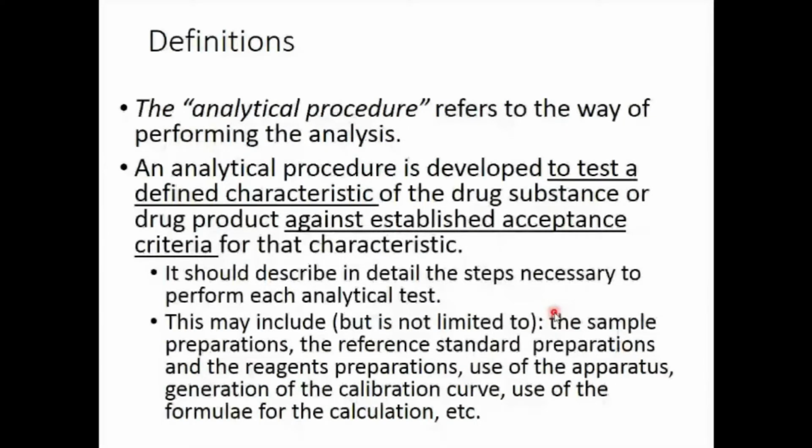First part: an analytical procedure is developed to test a defined characteristic. So there will be a different procedure to check the thickness of a tablet, a different procedure to check the surface of the tablet, a different procedure to check the diameter of the tablet.